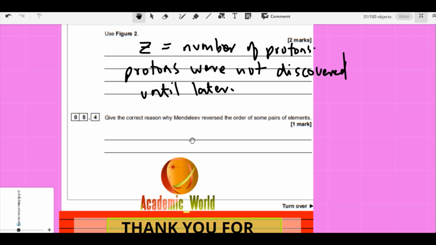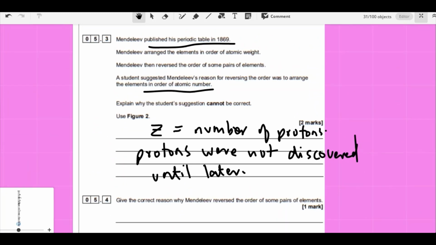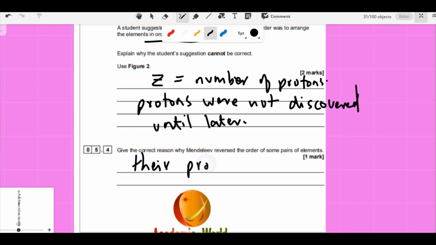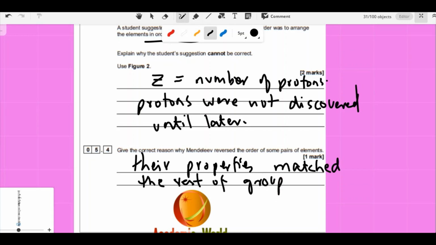Mendeleev arranged the elements in order of their atomic weight, but you can write here their properties matched the rest of the group. So that's why Mendeleev reversed the order of some pairs of elements.